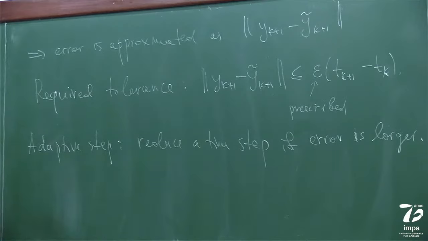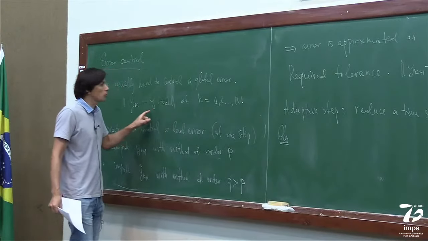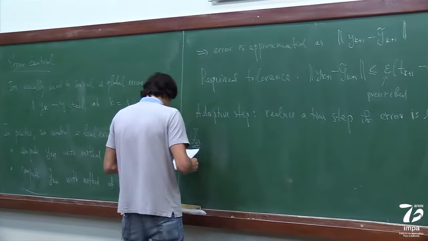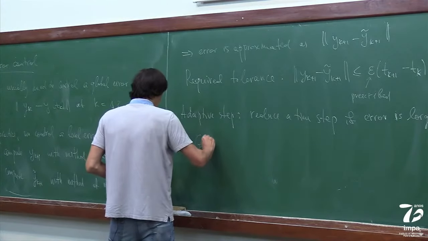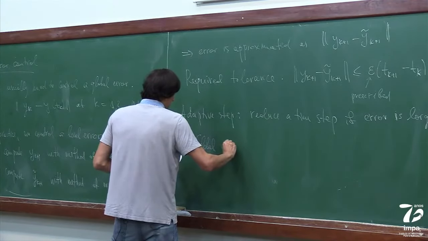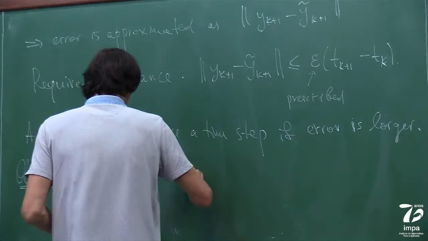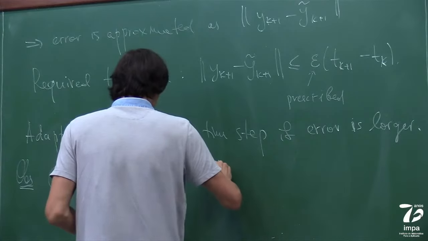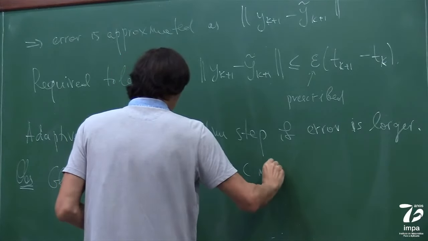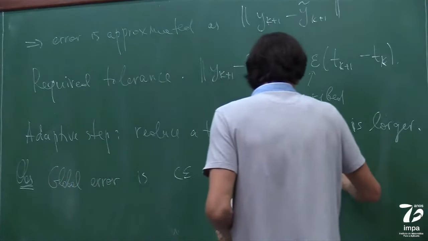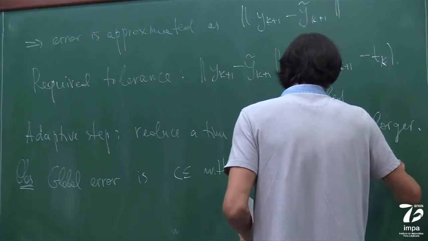So in principle, this does not guarantee that the global error is also epsilon, but you can prove the global error in that case is C epsilon, with C independent of epsilon and h.